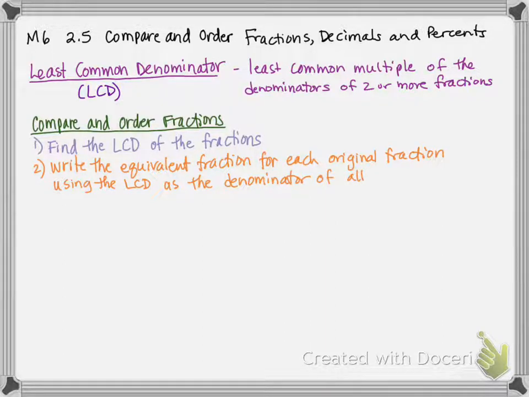Okay, so every fraction now is going to have the same denominator. And then, I kind of gave away the punchline on this one. You're just going to compare the numerators.